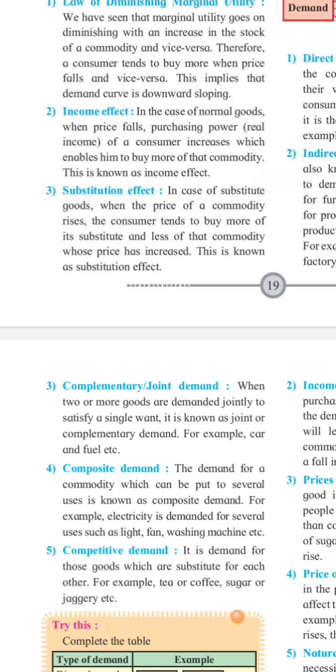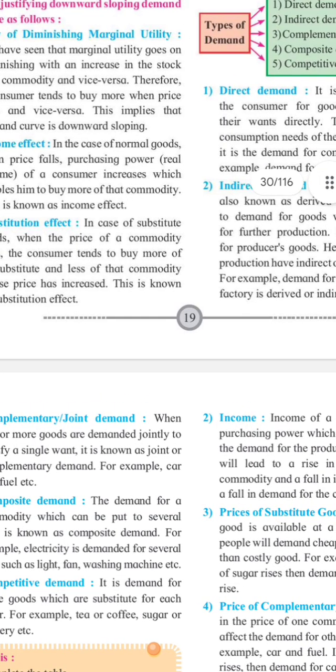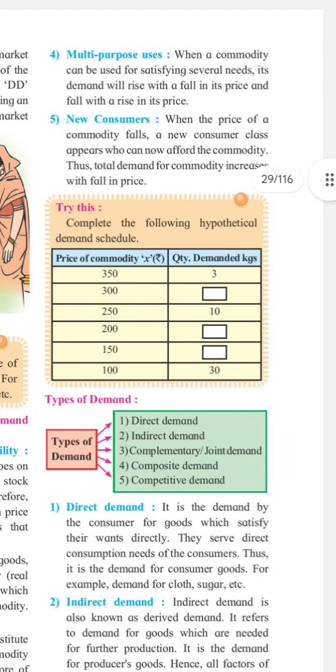Next is substitution effect. When the price of a commodity rises, consumers shift towards cheaper substitutes. Therefore, demand for the expensive commodity decreases. Next reason, we have multi-purpose uses. Some commodities have many uses.